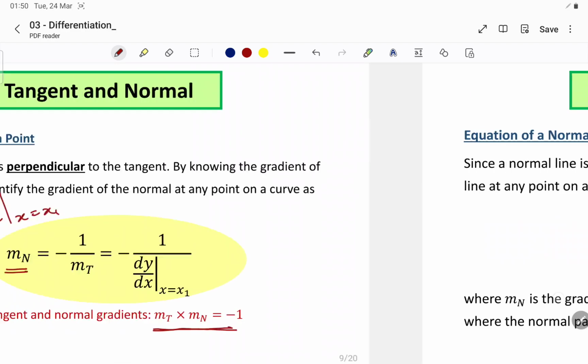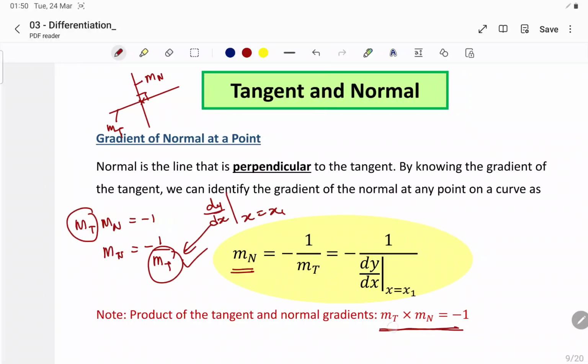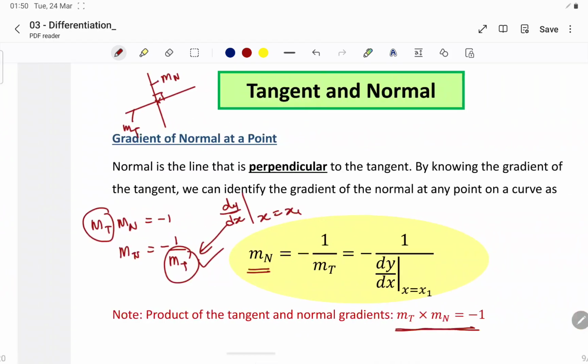So how to get this mn? Using -1 over mt. How to get mt? Using dy dx. You find dy dx and then substitute x1 inside x in the dy dx just now.